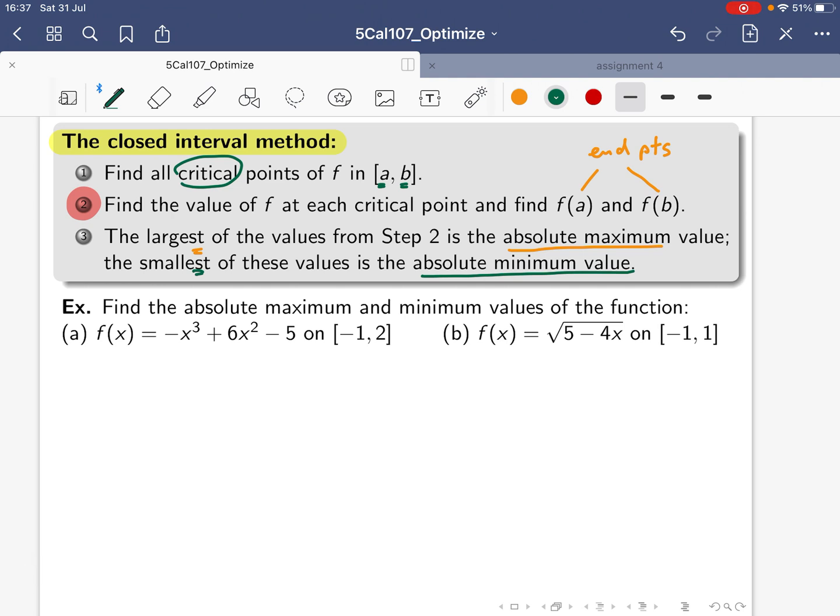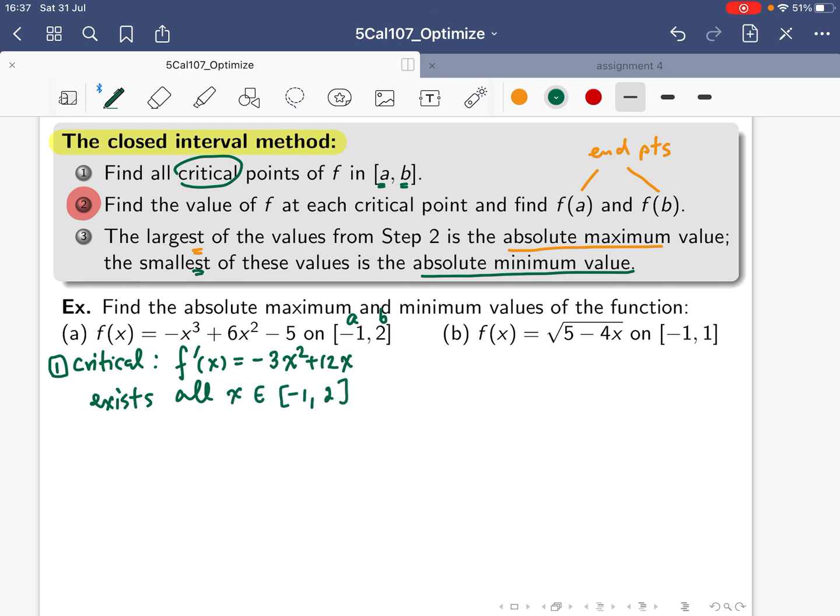So for example, here's your a and b. First you find the critical points. To find them, you find the derivative first, which is negative 3x squared plus 12x. Because this is a polynomial, the derivative exists for each and every x inside this closed interval.